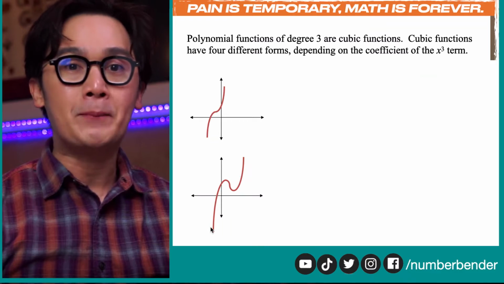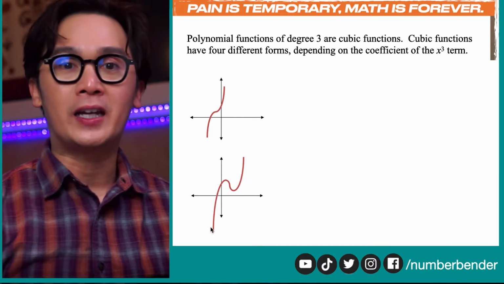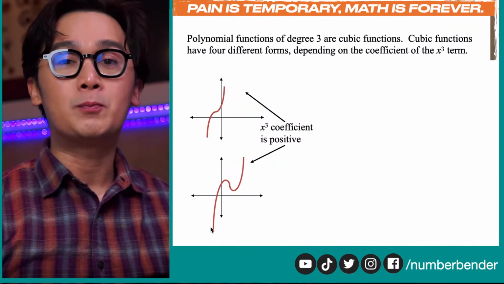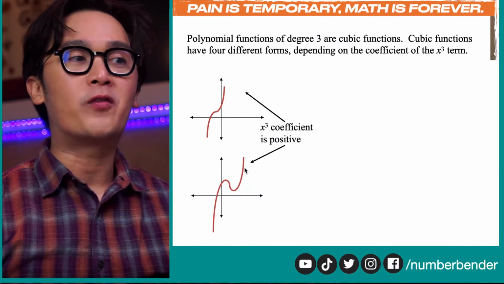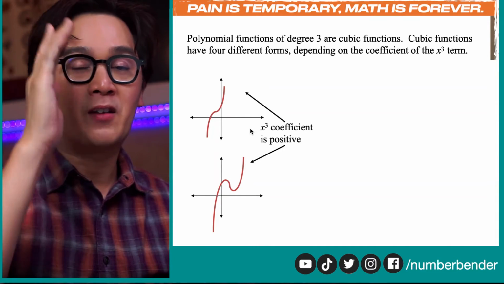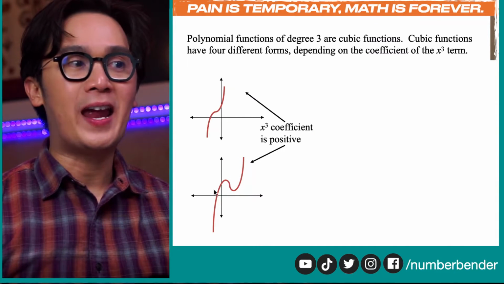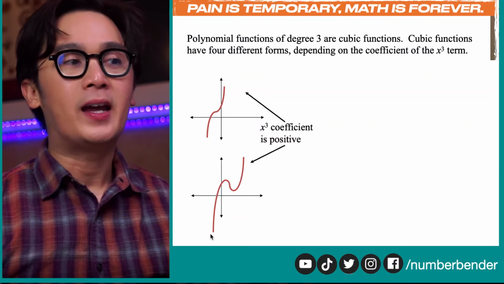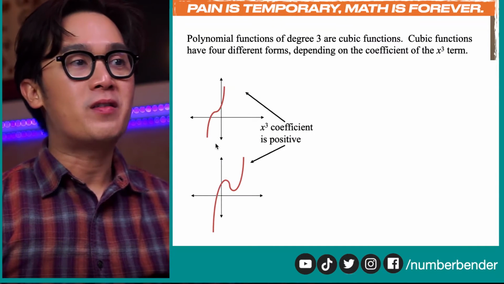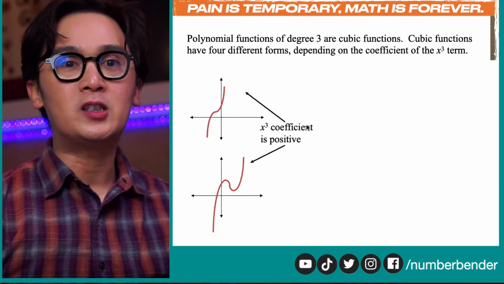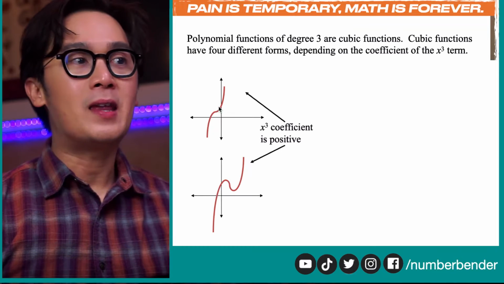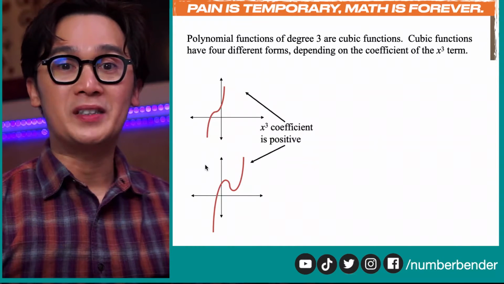And when this happens, without using a graphing calculator, we can say that the coefficient of our cubic function is positive when the right end is going to positive infinity, going upwards, and the left end is going to negative infinity. Because when this coefficient is positive, the behavior of our cubic function will always stay the same.